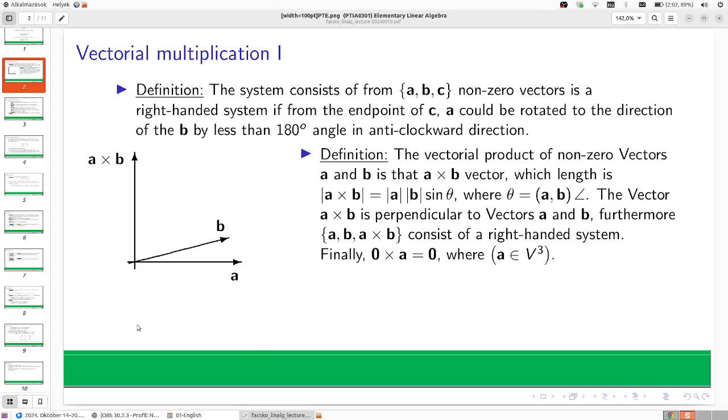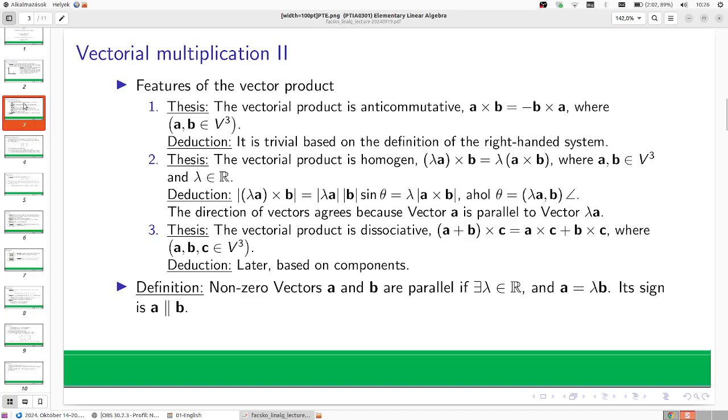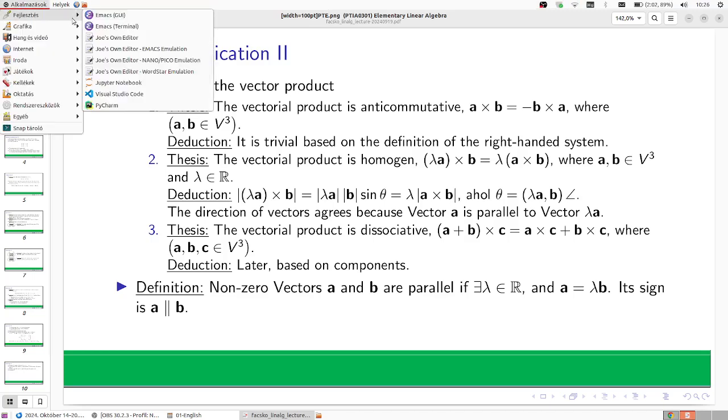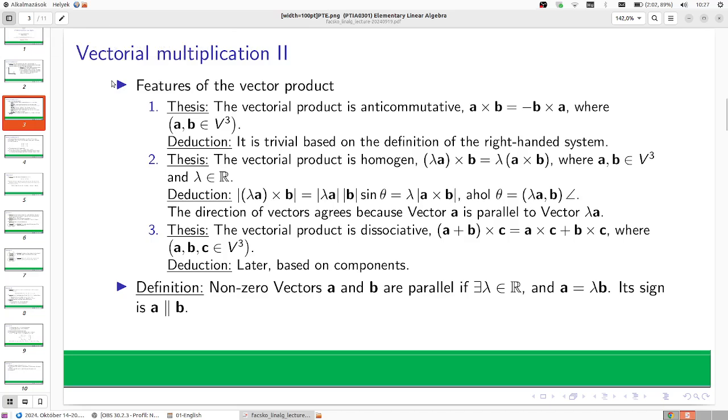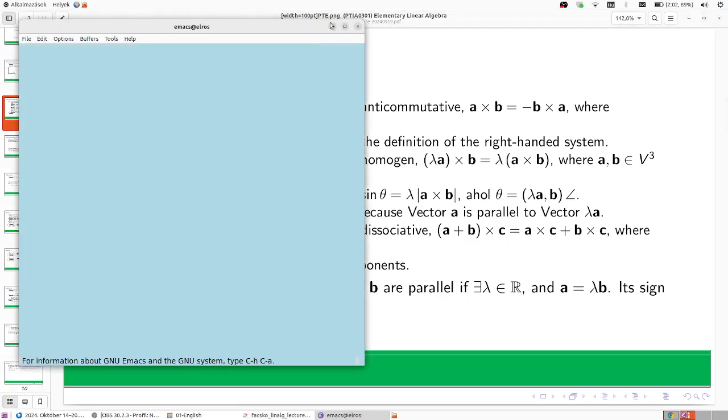Okay. So we have vectorial multiplication. This is not like the scalar product. It's not vectorial multiplication. Why did I write this? Perhaps I was tired. Do you like LaTeX?